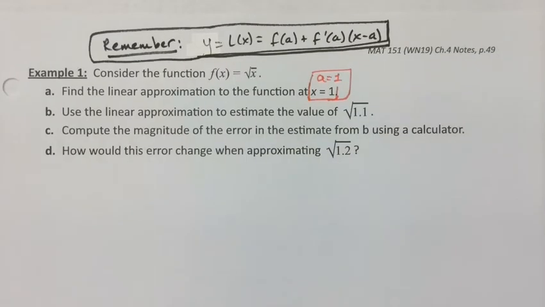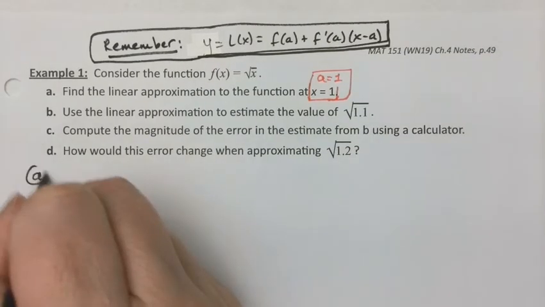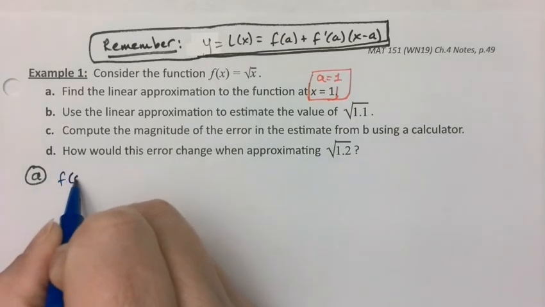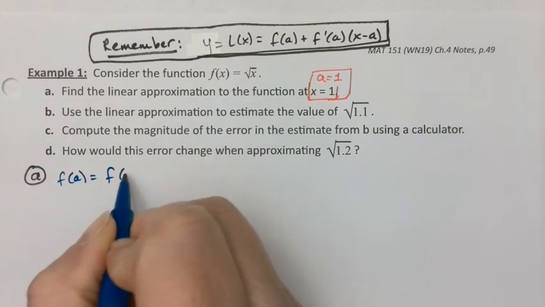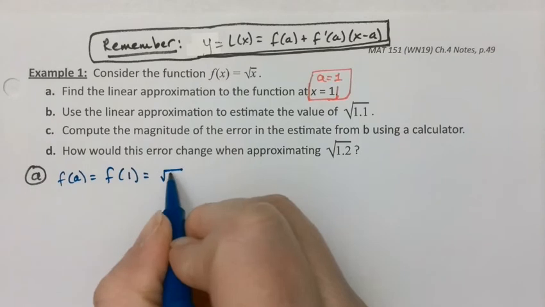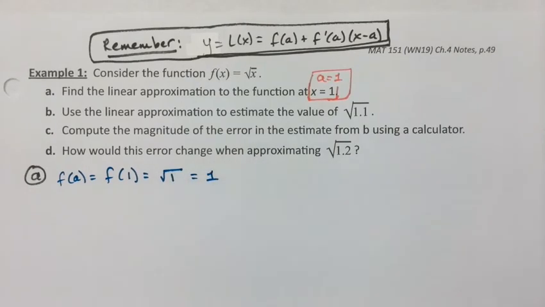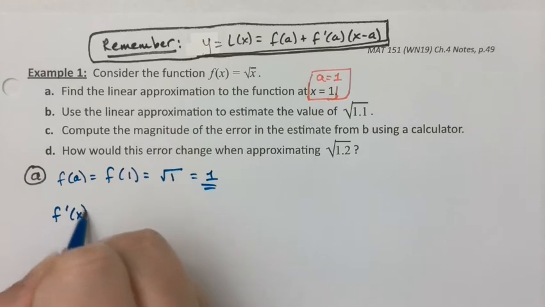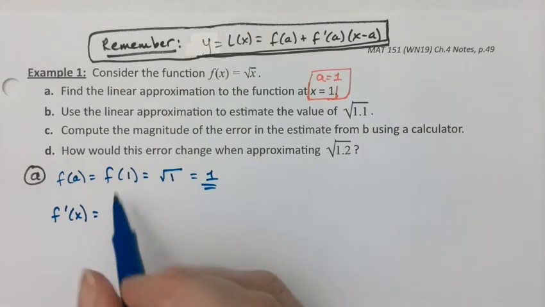If I'm going to find the linear approximation, I'm going to need to know what f of a is and what f prime of a is. So let's start with finding f of a. F of a would be f of 1, which would be the square root of 1, which is 1. Great. Then I need f prime of x in order to be able to find f prime of a.